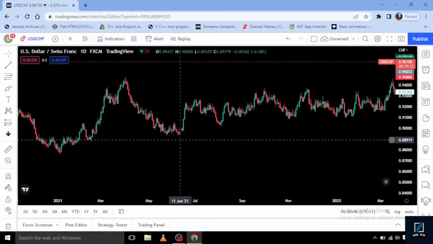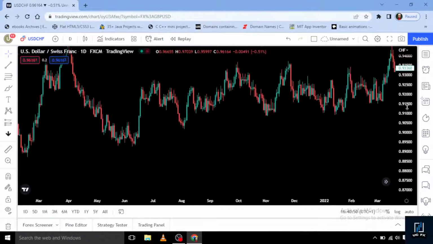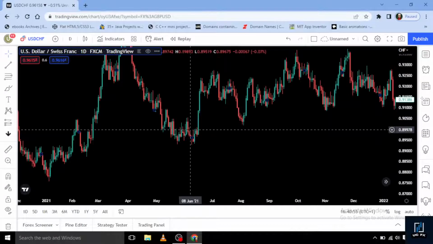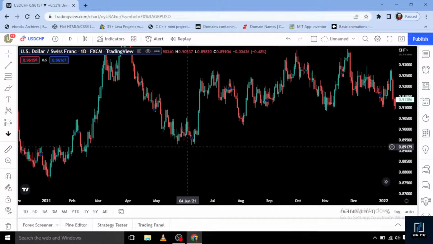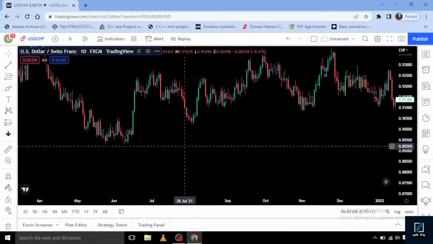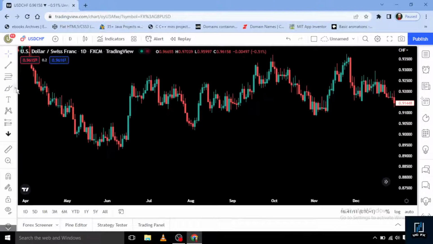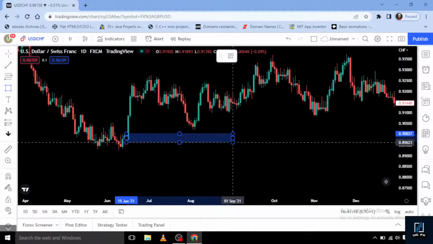If you look very well inside this area, just like I said, a bullish order block is the last bearish candle before an impulsive move. For you to say that an order block has been formed, it needs to be identified with an impulsive move. Right inside this area, we have our last bearish candle here.